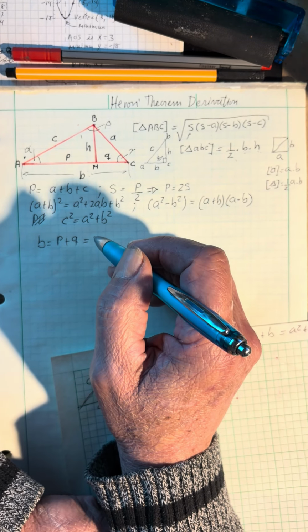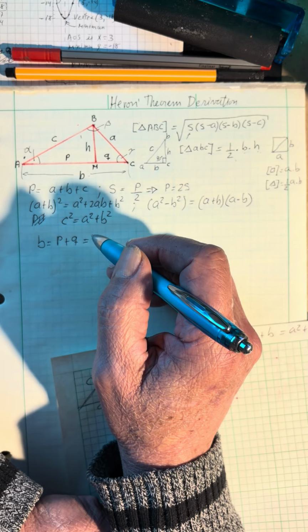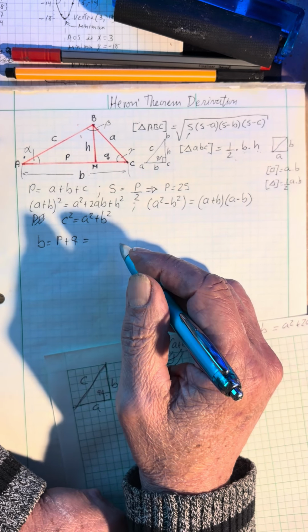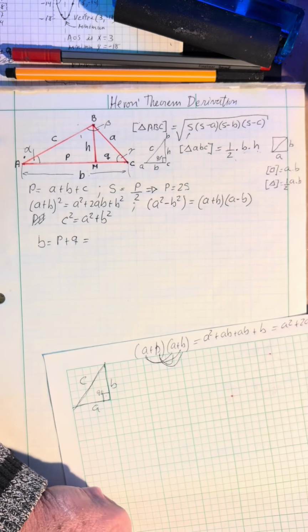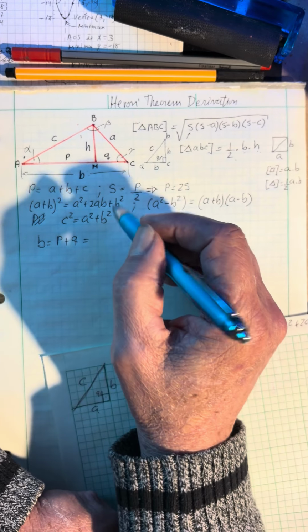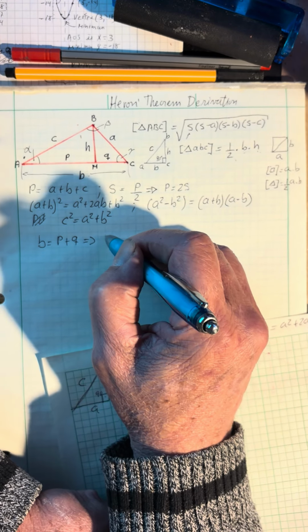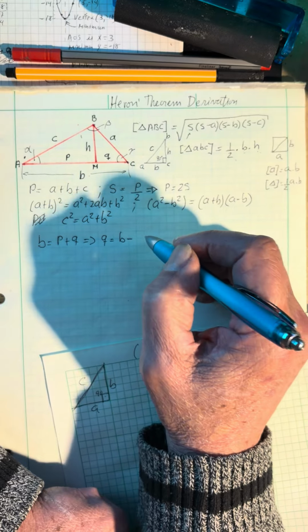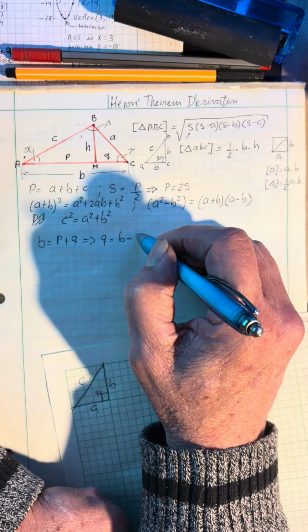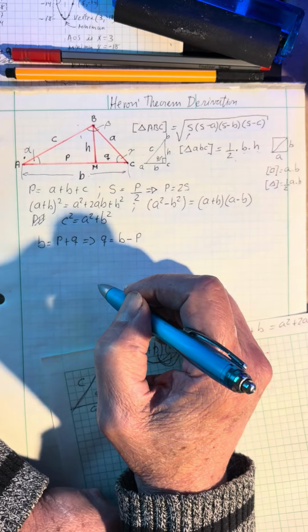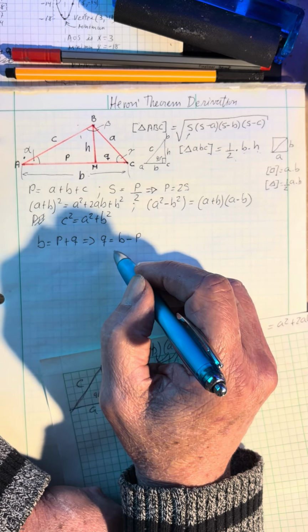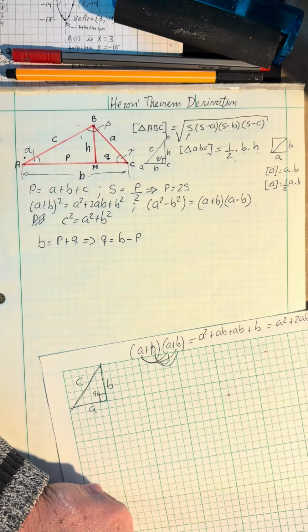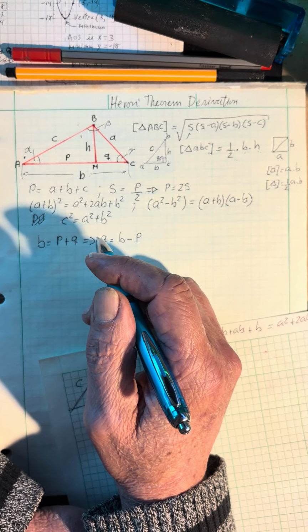that Q is equal to B minus P. Okay? And so in this triangle here, we have so many triangles.